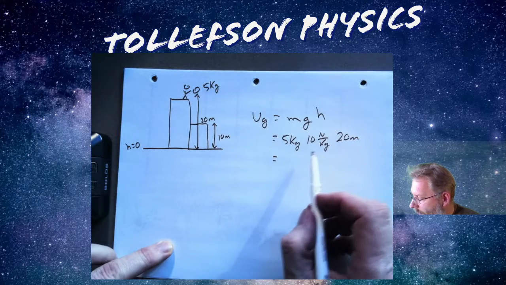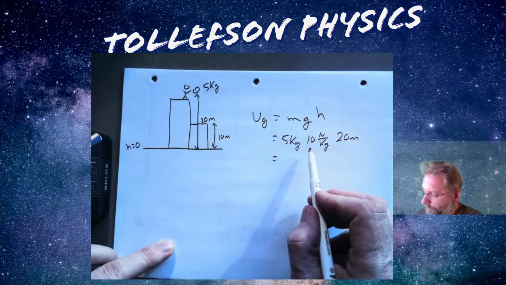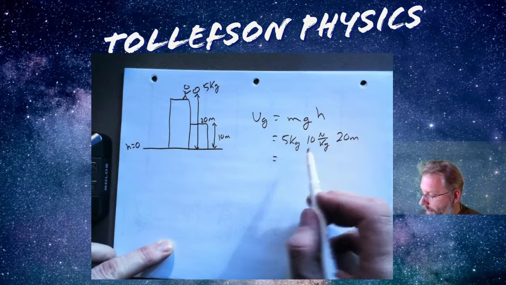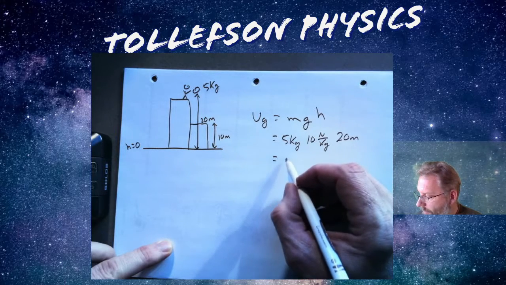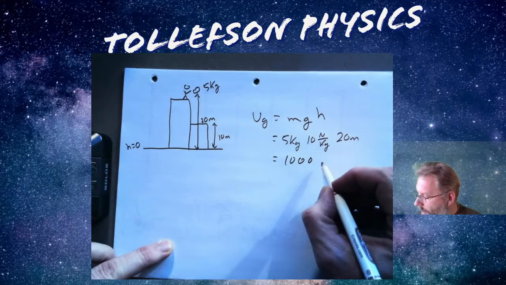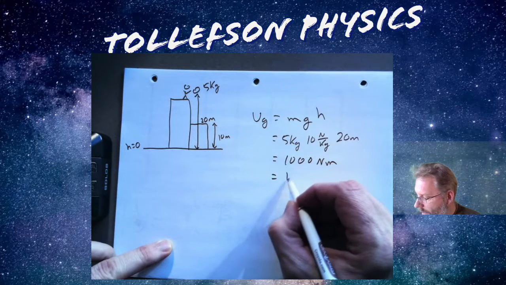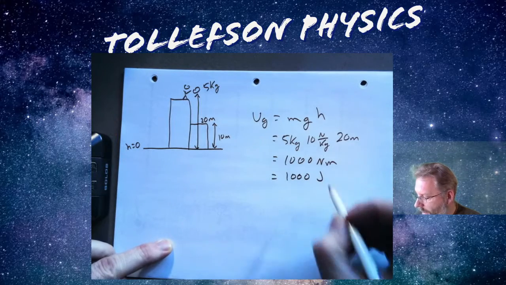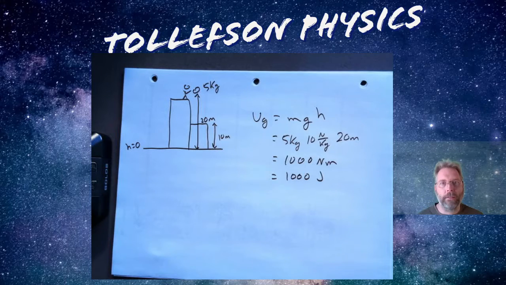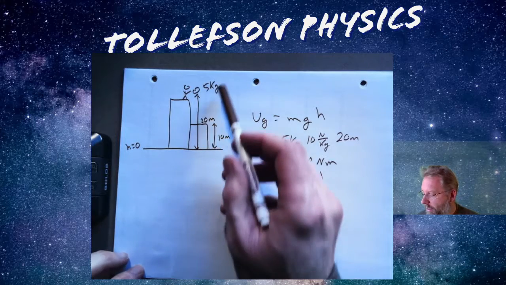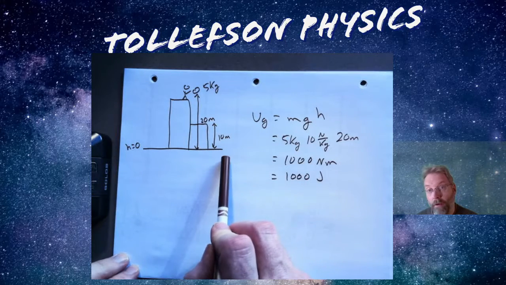And so 20 times 10 is 200, so 2 times 5 is 1,000. So then I get 1,000 newton meters, which is an energy unit. So in SI units, that's 1,000 joules. All right, so that has 1,000 joules of energy compared to the ground.